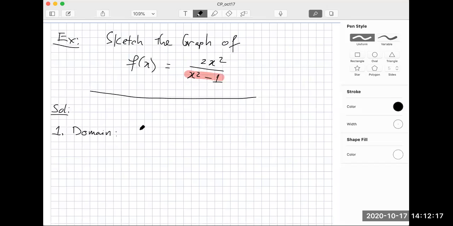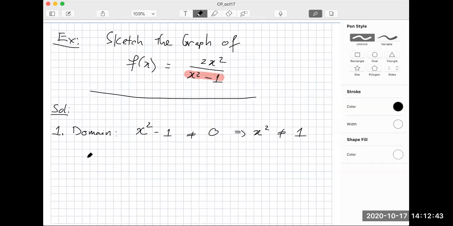Very good. So let us find the solution of the denominator, because the denominator should not be 0, right? Therefore, x squared should not be 1, right?